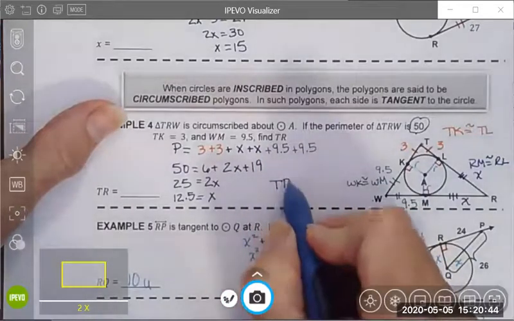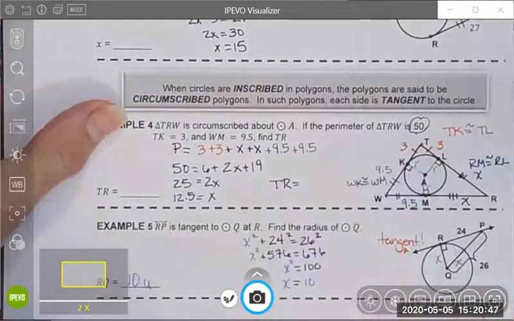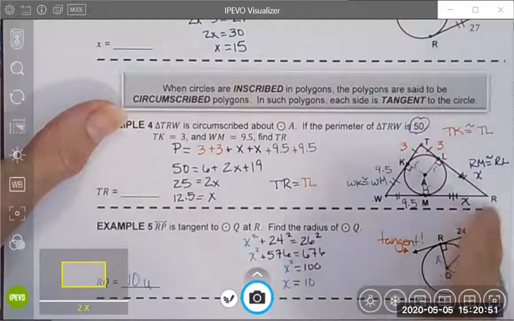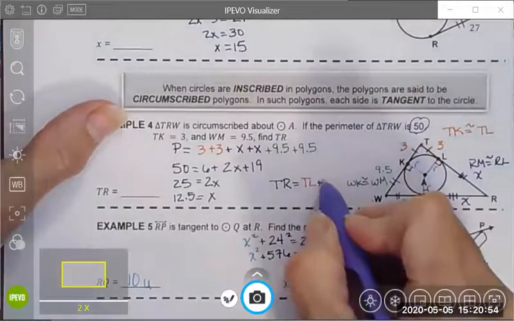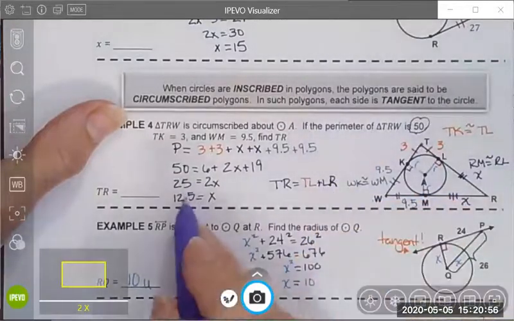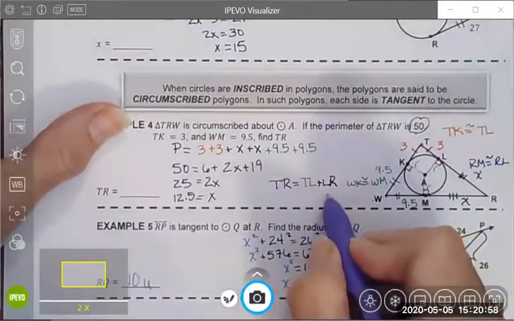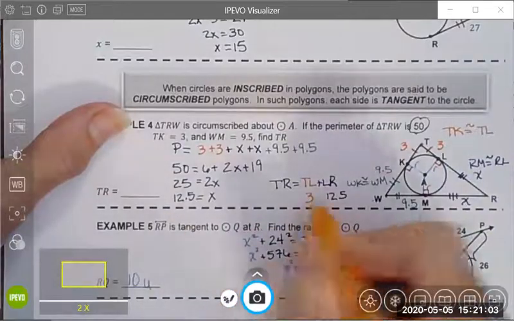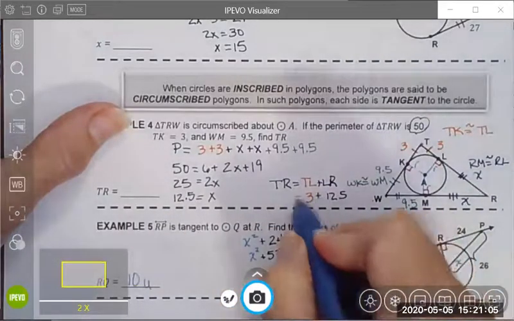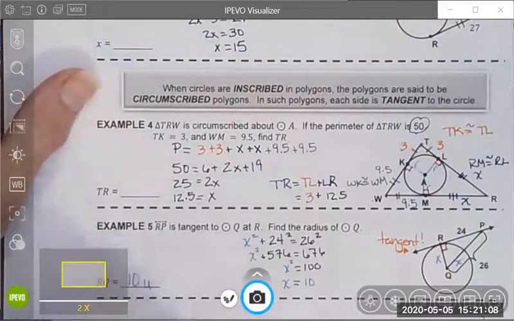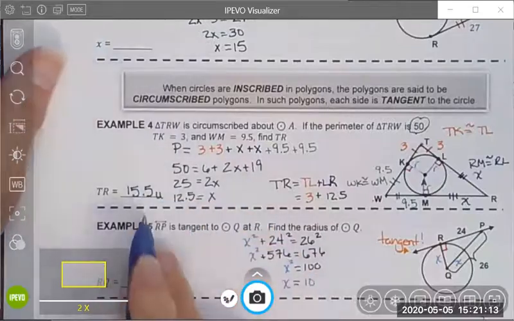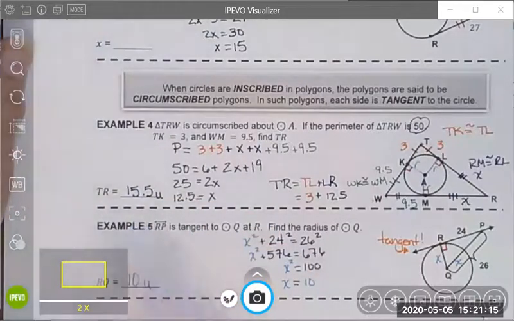So if I remember that TR is comprised of T to L plus L to R, and if I know that LR is 12.5 and TK is 3, then I add these two little lovelies, and that's how I get the length of TR. This would be 15.5 units. Don't forget to label your units because we are talking about a segment's length.